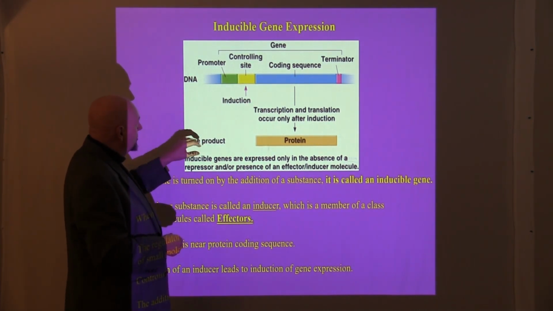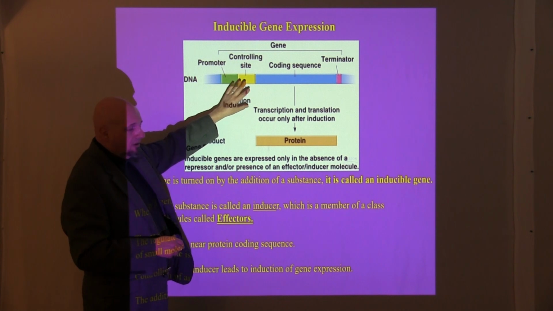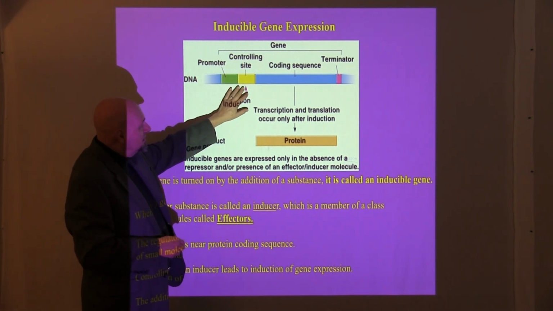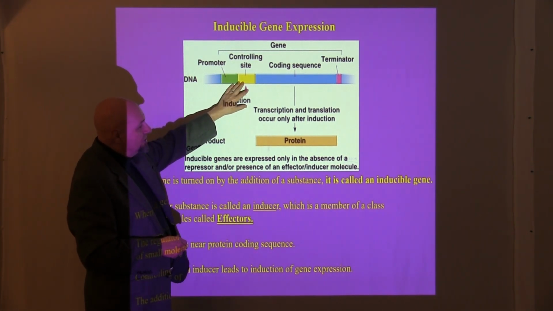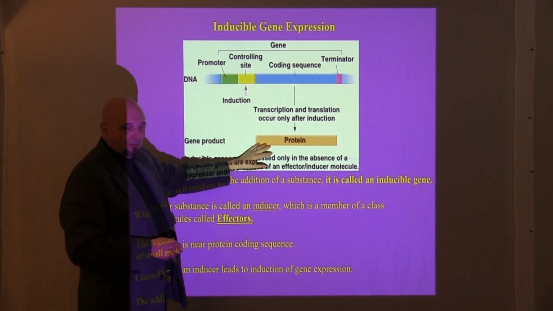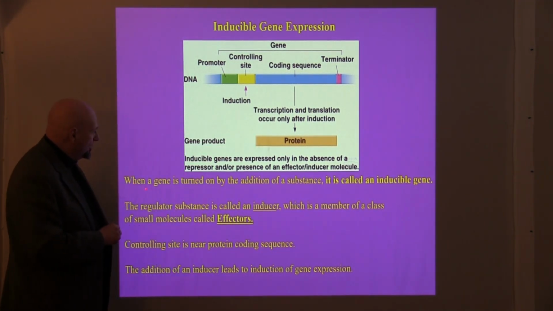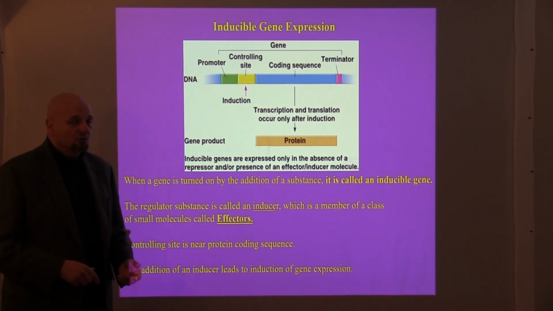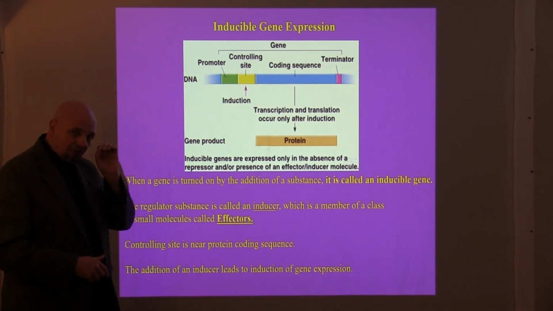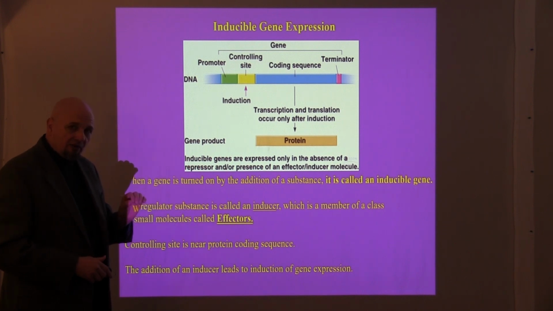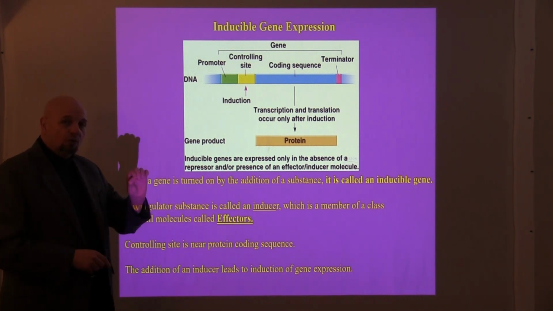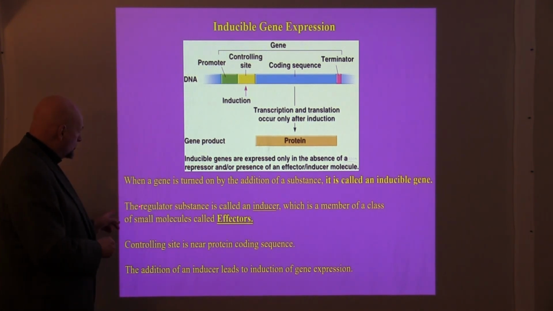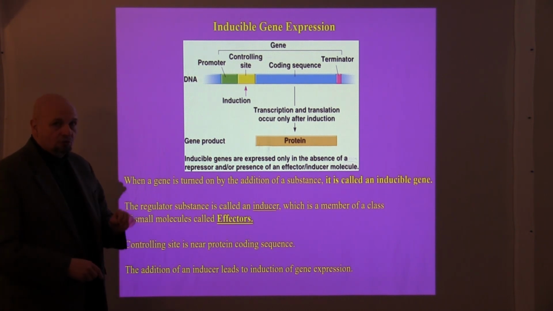So somehow this system, depending on where it's located, if we induce gene expression, then we're going to get a protein produced. So when a gene is turned on by the addition of a substance, it is called an inducible gene. What that means is something has been added into the environment that this gene is going to respond to. Now the regulator substance is called an inducer.